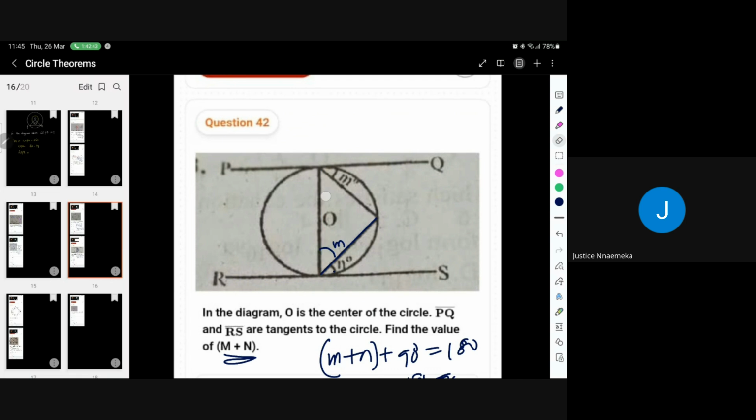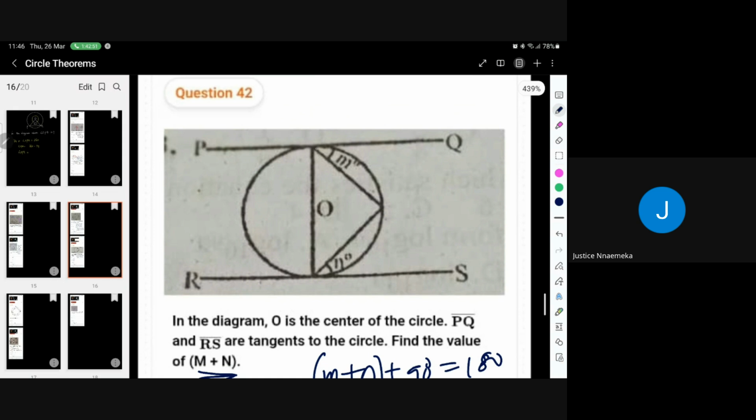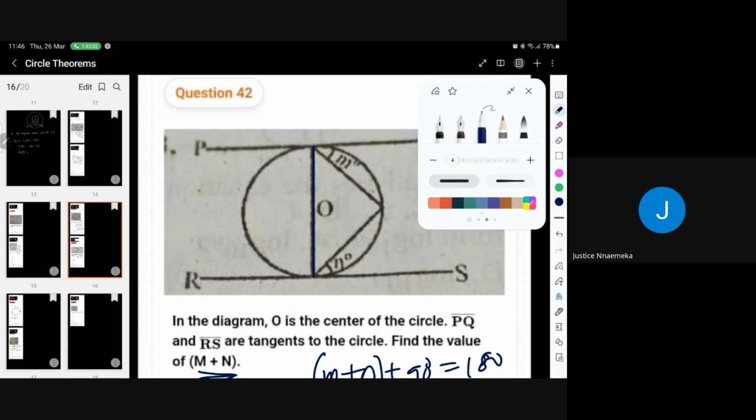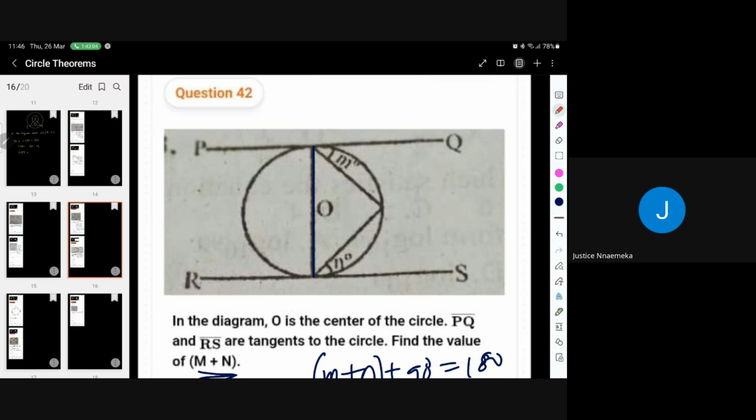So look at what I said. Anytime you have a chord running through the center like this, you have a chord this way. One of the theorems says that the angle in a semicircle is 90 degrees. So what does that imply? It means the angle here is 90 degrees because this is a semicircle.